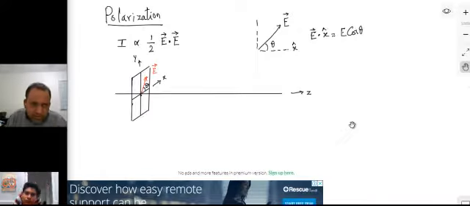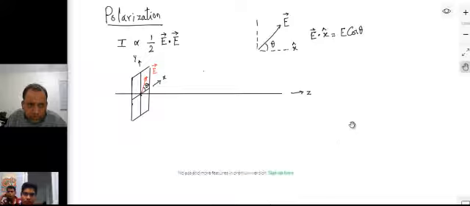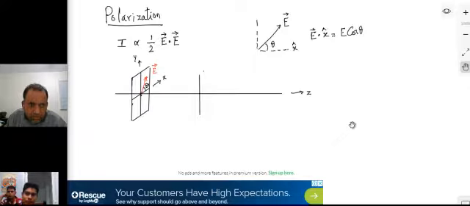Now let's think of a material that has a property that it can pick a component. So this is what is called a polarizer. A polarizer has this feature. Again, I'll make this like a window. That's your window.